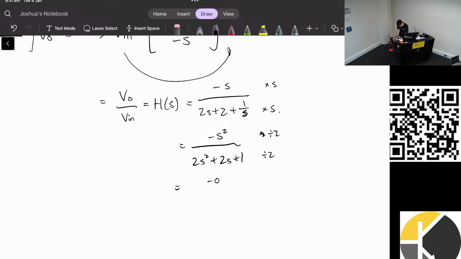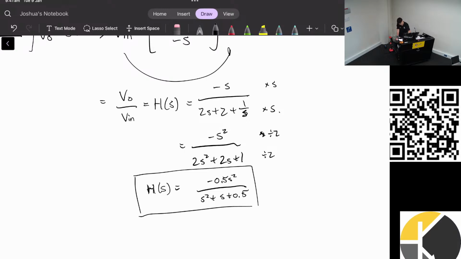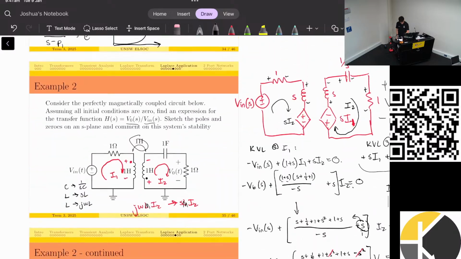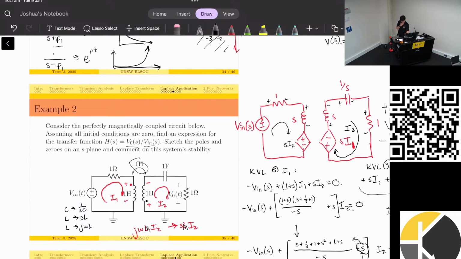So I'll get minus 0.5 s squared over s squared plus s plus 0.5. So this is my final H. Happy with that? Cool. So we have our transfer function.